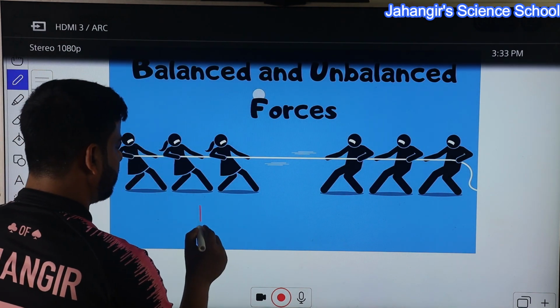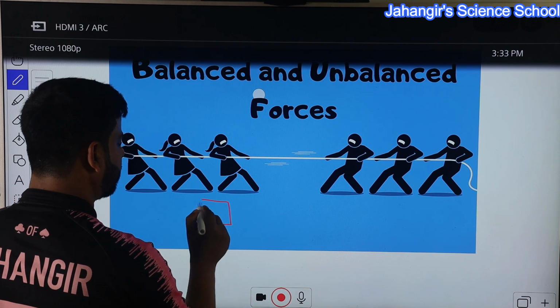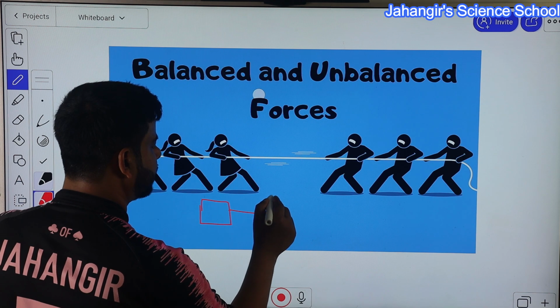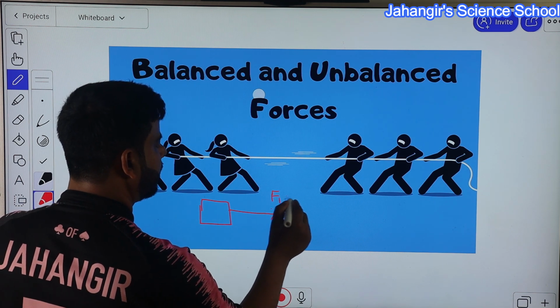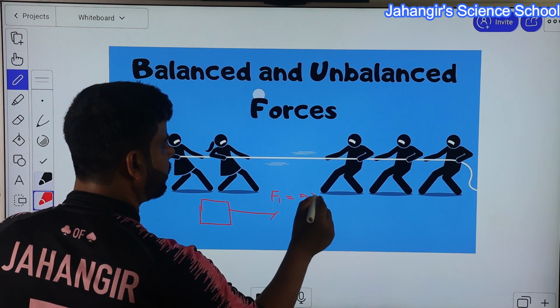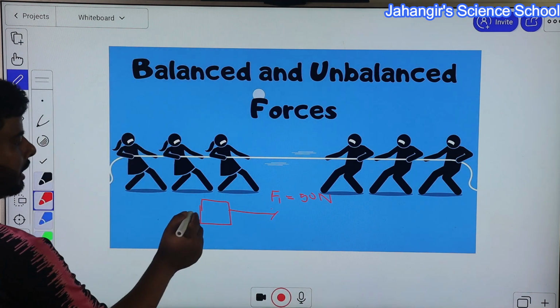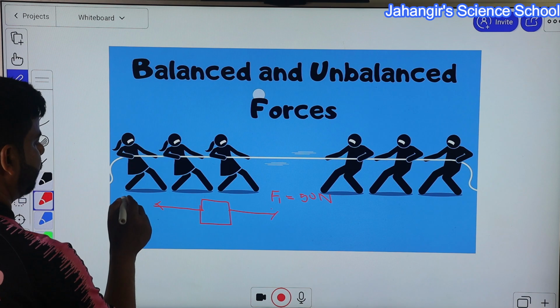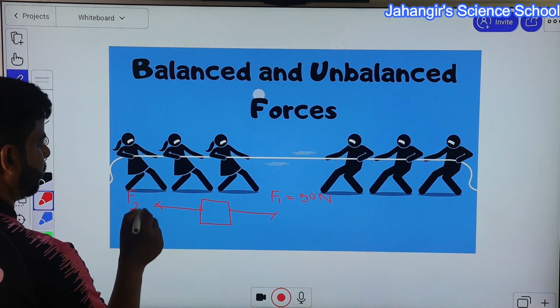Say here is an object. The force acting to the right, F1, is 50 Newton. On the other hand, the force acting to the left, F2, is also 50 Newton.